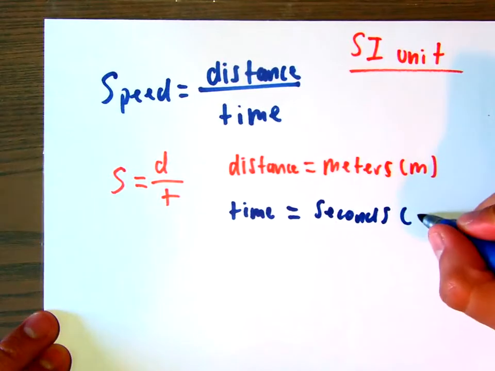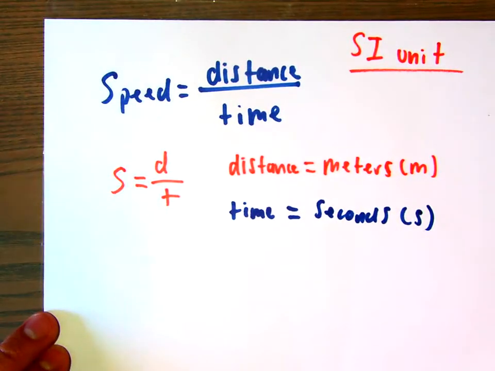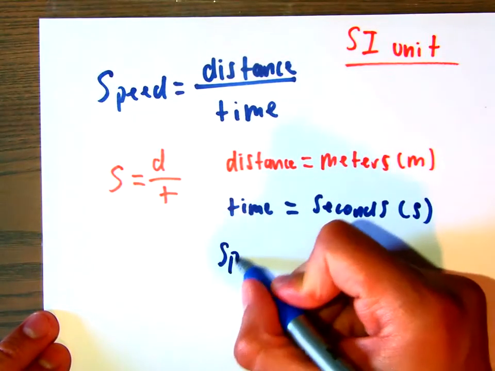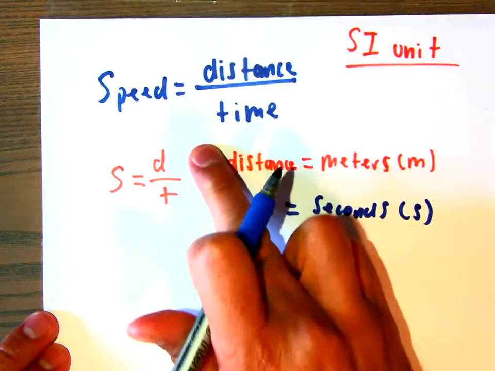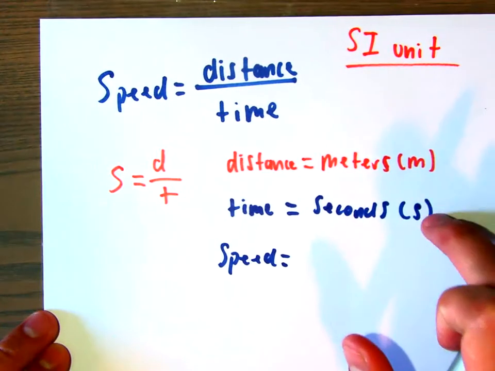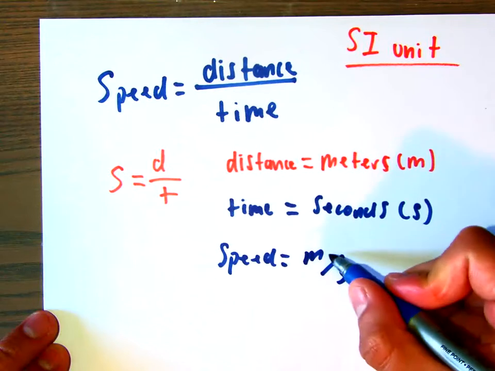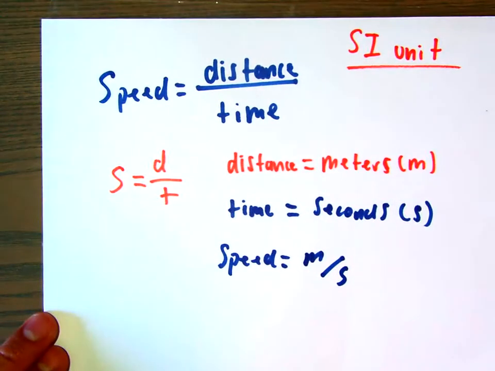We use a lowercase s to represent that. Okay, and speed. So what do we measure speed in? Well, if speed's distance divided by time, it's meters divided by seconds. So it's just m over s, meters divided by seconds.